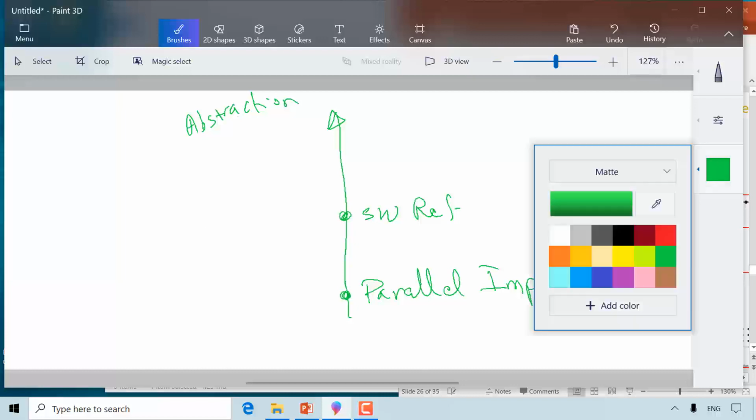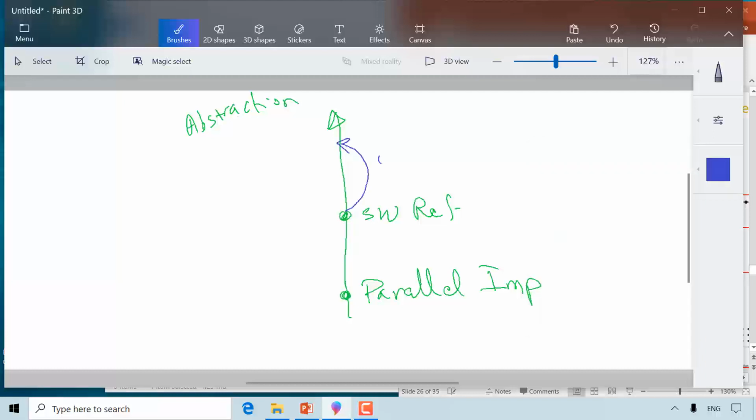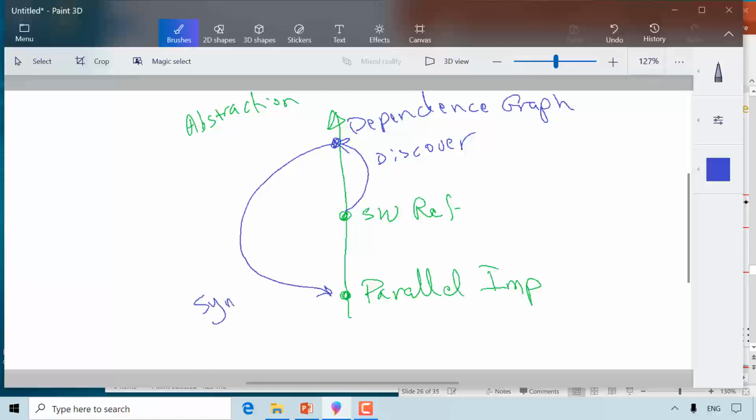However, to reach it, we need to discover parallelism through the dependence graph. And from there, it is a lot easier to do some kind of synthesis to a parallel implementation. However, going immediately from here to here is hard and difficult.